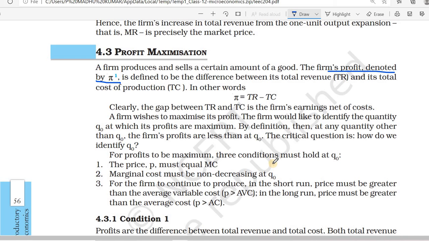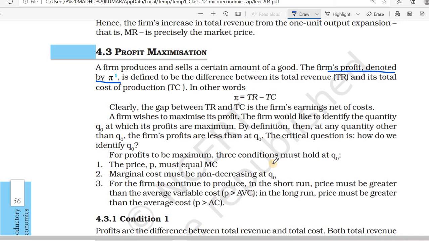First condition is price must be equal to marginal cost, and the second condition is marginal cost must be non-decreasing at Q0. In this profit maximization, marginal cost must be non-decreasing, meaning it should be increasing.